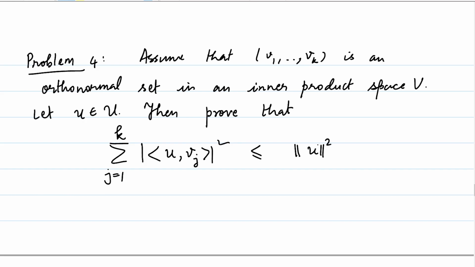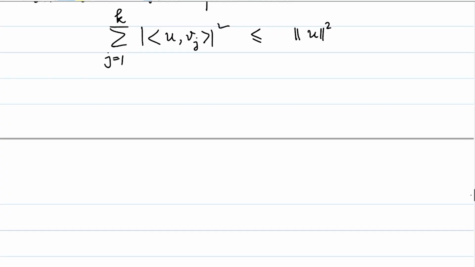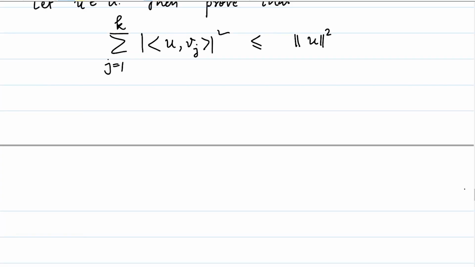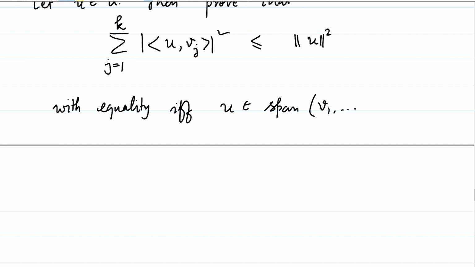Note, observe that this is an inner product space, and this inequality is always satisfied for any collection of orthonormal vectors. With equality, we know exactly when the equality happens: if and only if u belongs to the span of v1 to vk.